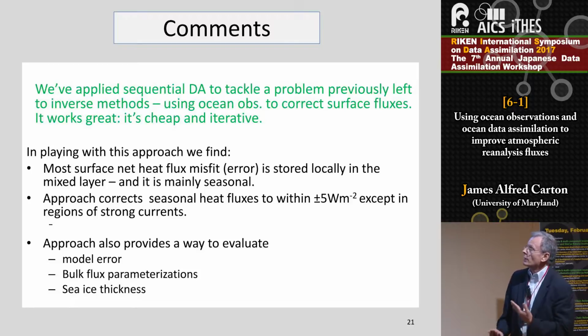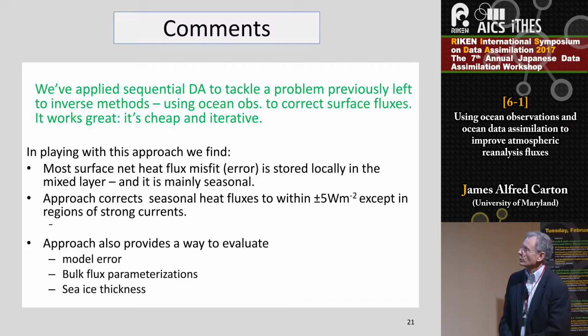But trying to do that flux correction in a full-blown 4D VAR calculation is very difficult. So we'd like to be able to use our more convenient sequential data assimilation, and we've tried this out, and our conclusion is that it works great. It's cheap, it's iterative, so you could keep repeating this process and get more and more accurate estimates.